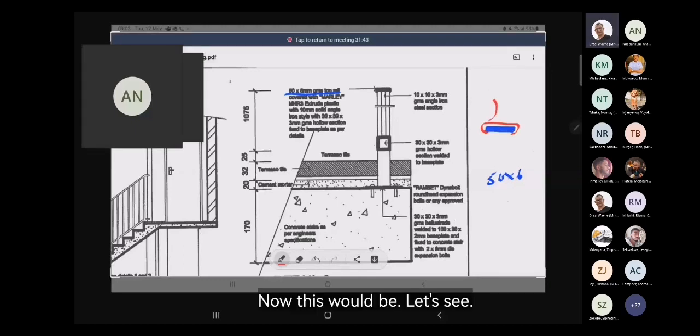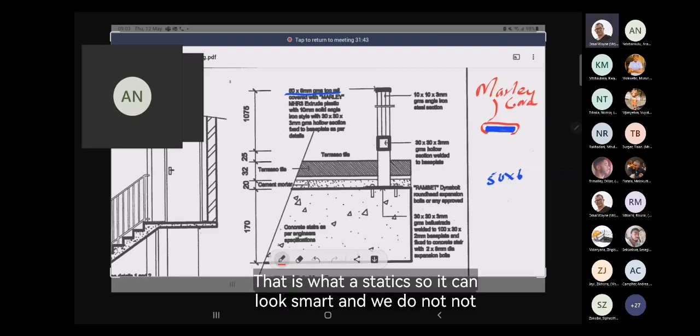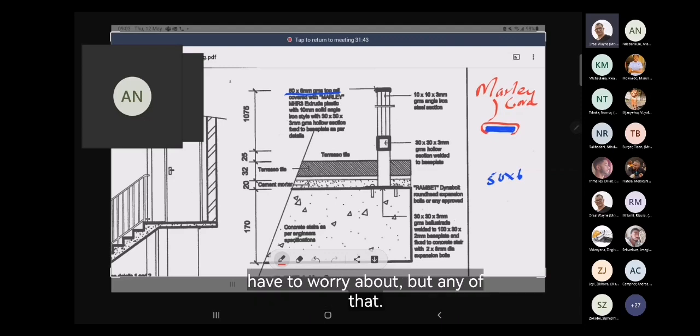Now this would be, let's say, my Marley cover that goes over my steel. Now why would that be? That is for aesthetics, so it can look smart, and we would not have to worry about any of that.